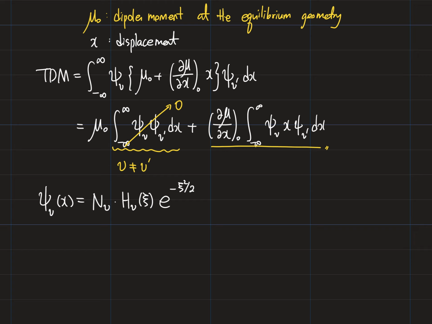And you know that x and xi have a relation like this. So we are going to replace this integral with the explicit expression of the wave function.